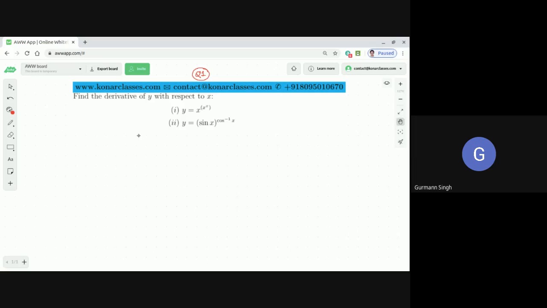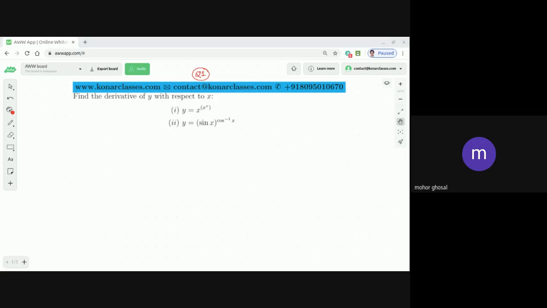So I tried to take the power out, like make it x to the power x into x to the power x minus 1 into. Okay, so you made that x power x separate, right? Yes, sir. And what about others? Mohar, what did you do?